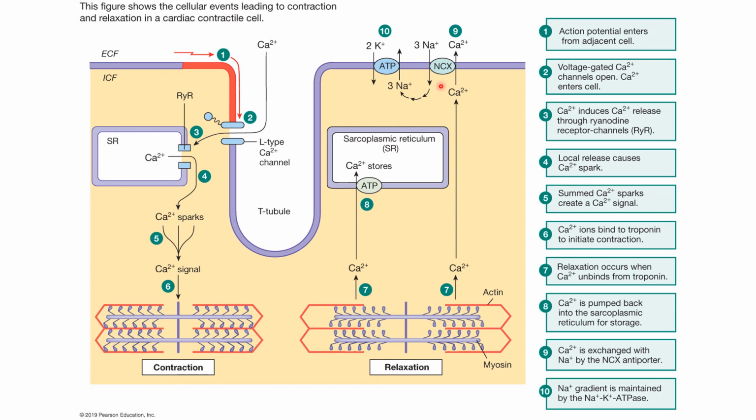The reason it's called an exchanger is that as one calcium is released out of the cell, 3 sodium are going to enter the cell. Now, the 3 sodium ions that enter the cell are not going to stay for a very long time, because they will be pushed back out via the sodium-potassium pump, pushing 3 sodium out and 2 potassium in.